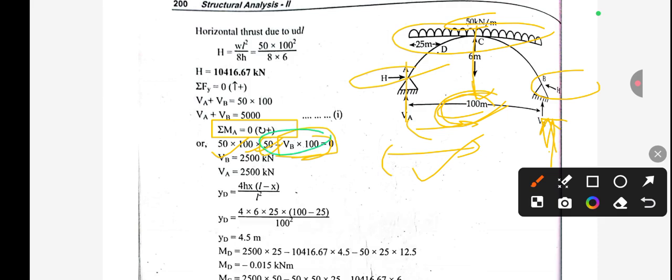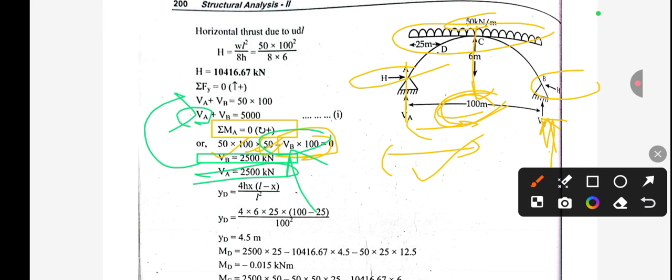From here we can get the value of VB, that is 2500 kilonewton. When we put this value in equation 1, we get the value of VA, that will also be 2500 kilonewton.